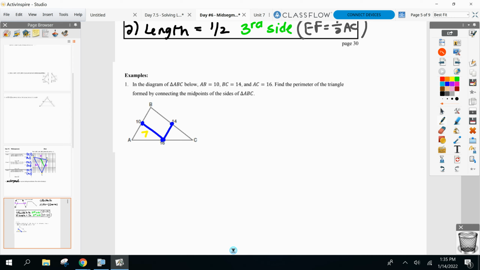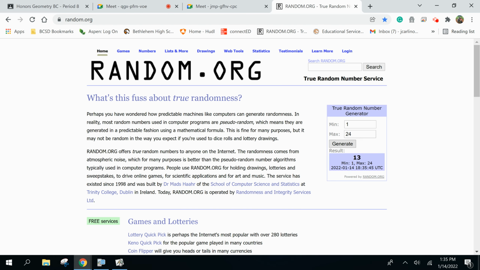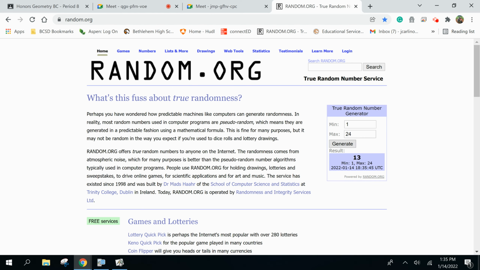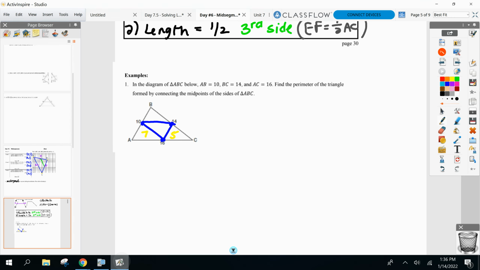How long is that midsegment I just created? 5. Half the third side of 10. One more. Connect the final midsegment. How long is it? 8. Half of 16.